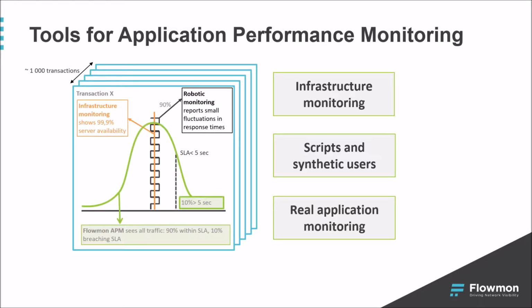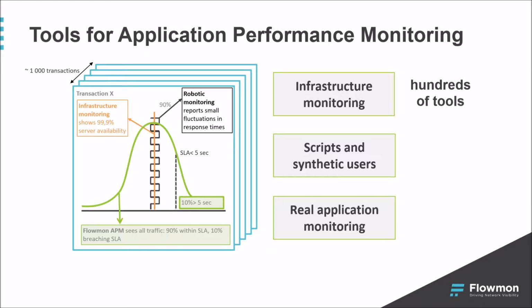Then there is real application monitoring, which monitors all the transactions for all the users and provides you with a better visibility into the delay of the application server, database server, or the delay in the network.